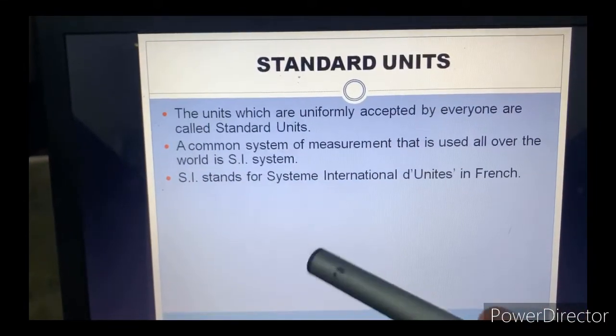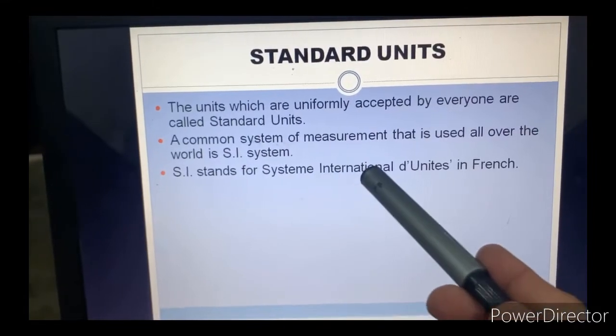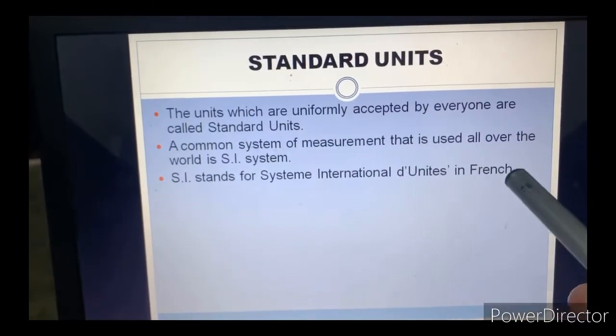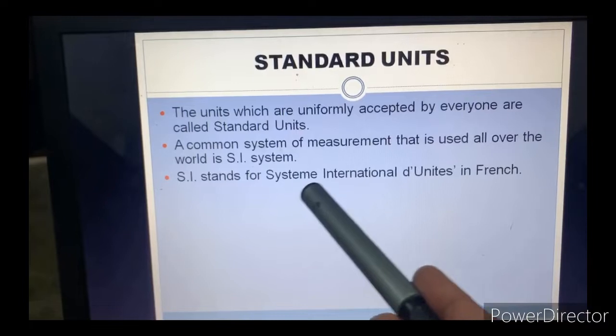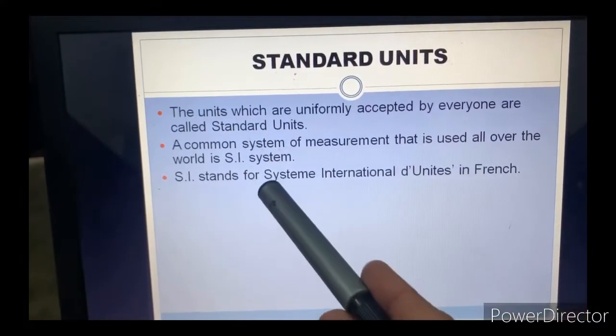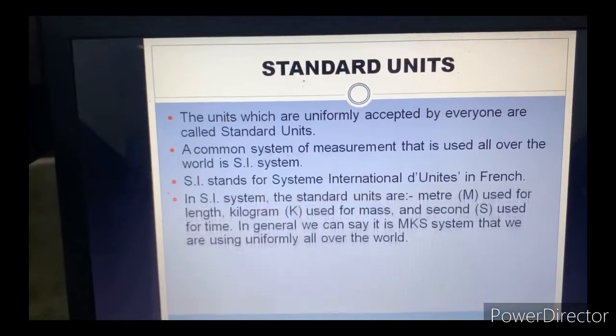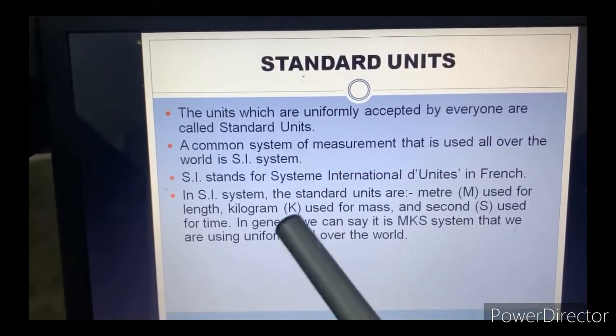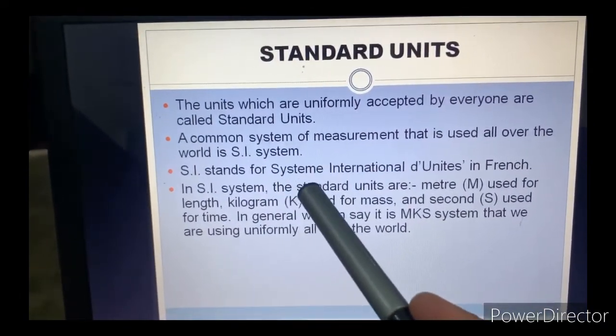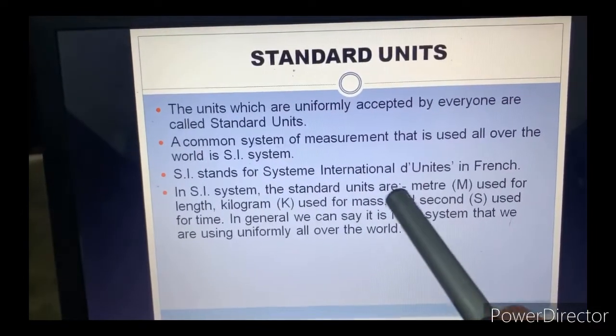So what does SI mean? SI stands for System International d'Unités in French language. This SI is the French abbreviation of System International d'Unités. Now what are standard units in the SI system?